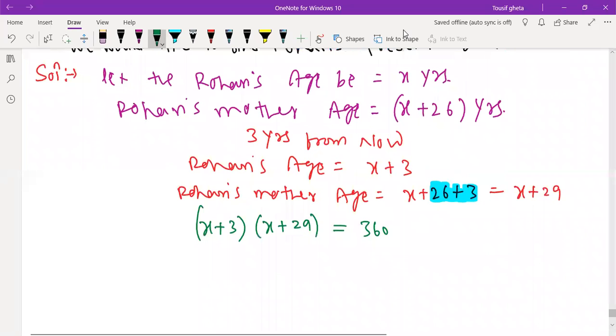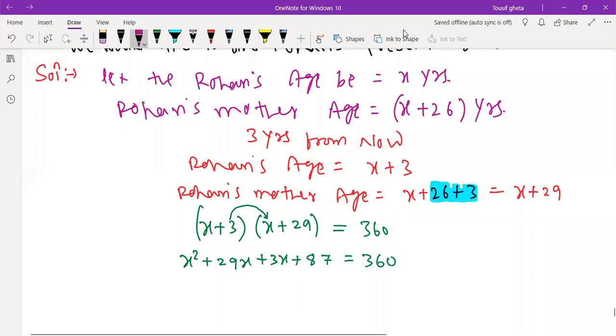Multiply x into x, x square. x into 29, we will get 29x. Correct? Understood? Next, we should multiply 3 now. Multiply 3 into x, we will get 3x. 29 times 3: 3 nines are 27, 3 twos are 6 plus 2 is 8, so 87, is equal to 360.